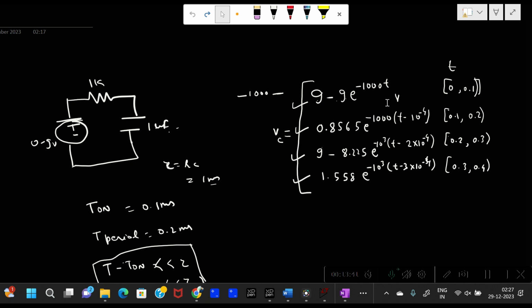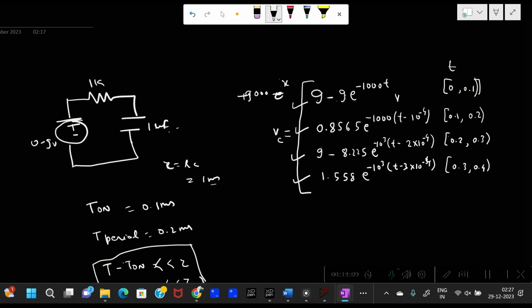By differentiating this equation, you will get somewhere near 9 differentiation is 0 minus 9 into, if you differentiate this, you will get somewhere near 1000 into 9, which is plus 9000 into e power minus 1000t. Let's consider e power x. Now similarly, if you differentiate this, 9 differentiation is 0, minus and minus minus plus.